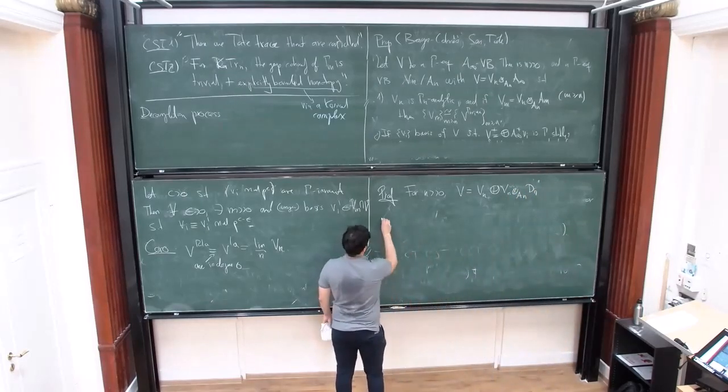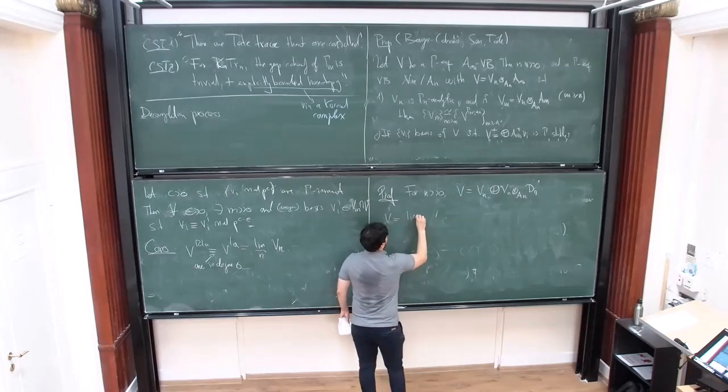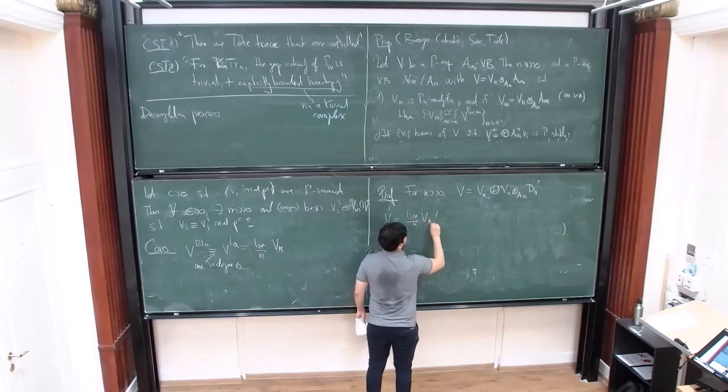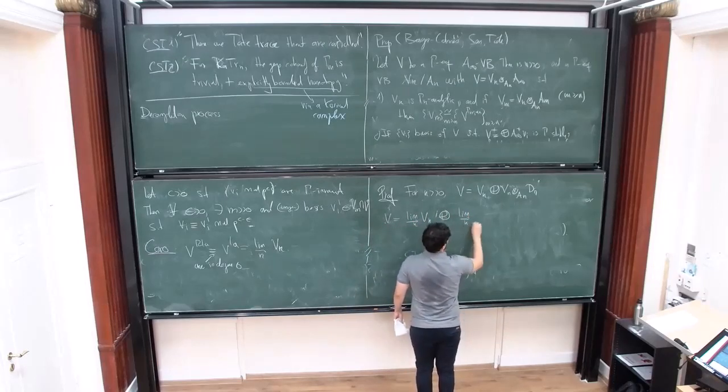So we know that B is the limit, and we also have B as the colimit of the B_n plus the colimit of the tensor.